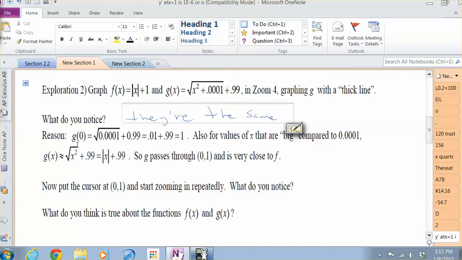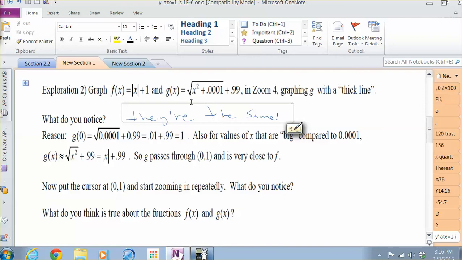What happens is that g of 0 is 1. Also for our values of x that are big compared to 0.001, the root of x squared, we know is the absolute value of x, plus 0.99. So g passes through 0, 1 and is very close to f. So again, if you were to plug in 0 into g of x and work it out, you would get 1.